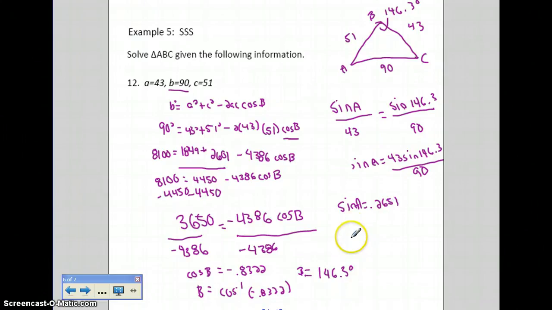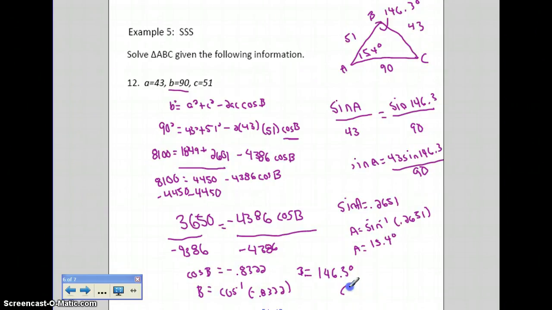I will do the sine inverse of both sides. And I get angle A to be 15.4 degrees.